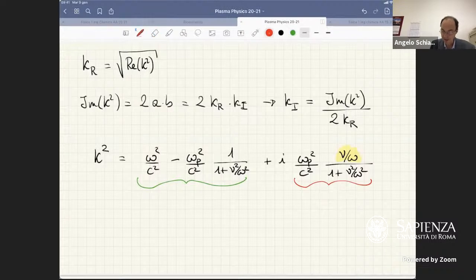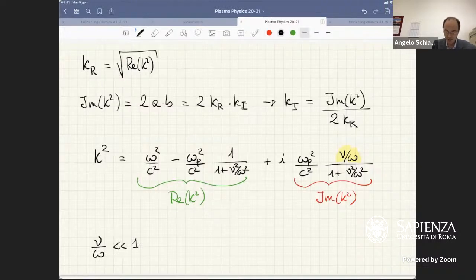The red one is the imaginary part, and the green one is the real part of k squared. Okay. Now we state that we are interested in a condition where nu over omega is much less than 1. What does this mean?